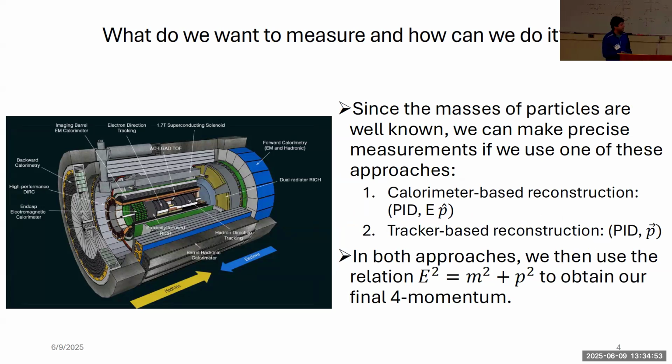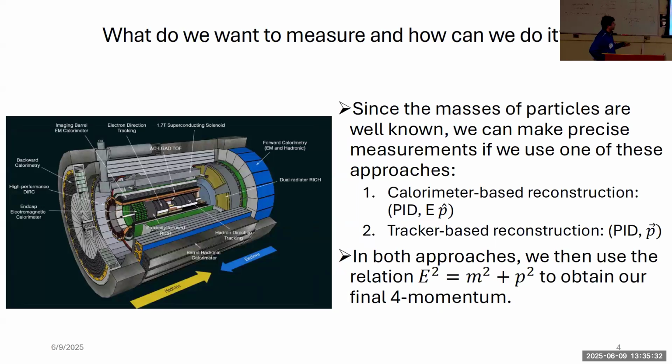One is a calorimeter-based reconstruction approach, in which case you need some detector to tell you what the PID, or the type of the particle, is. That might be a Cherenkov detector or a time of flight detector. Once you know the type of particle, you can measure the energy in the calorimeter, and you can measure the momentum direction, not the magnitude of the momentum, with some tracking detector or with the calorimeter itself, and then you can form your 4-vector using the known mass of the identified particle.